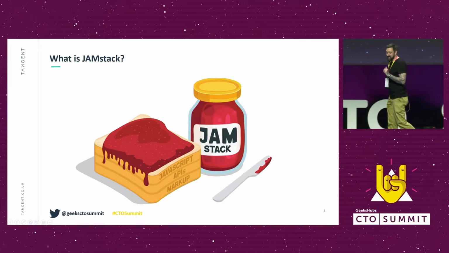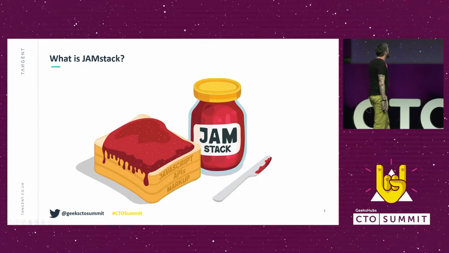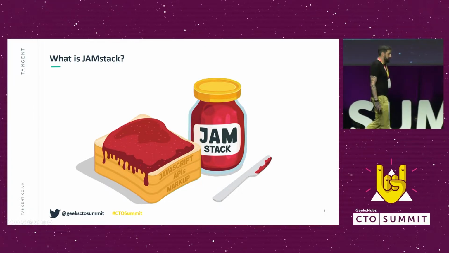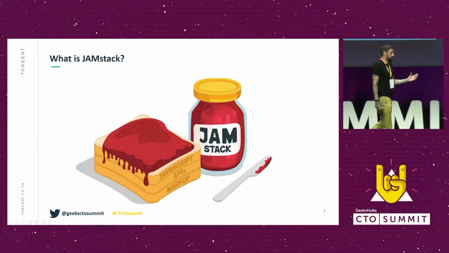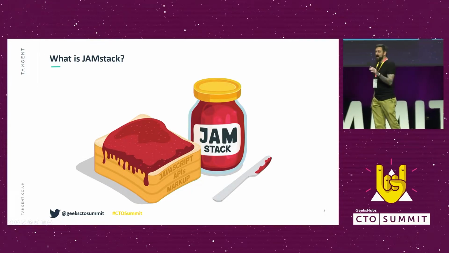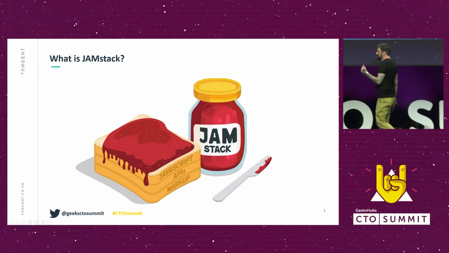So JAMstack. JAMstack isn't what I had for breakfast today. JAMstack stands for JavaScript, APIs, and Markup. I guess to sort of sum it up, we use JavaScript to pre-render markup. There's the term called pre-rendering is something I'm going to use a lot today, and it's the key point of the talk. So we use JavaScript.